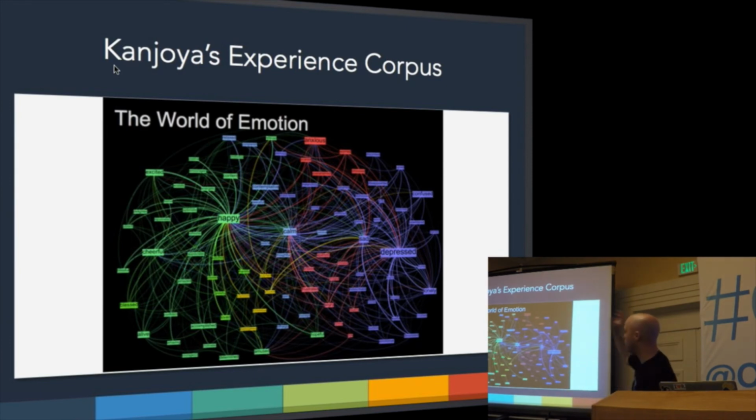On the left-hand side, happy. Kanjoya's large corpus is devoted to happy, with cheerful and all these other ones. What they realized is that if they track these people longitudinally, they go to a state kind of in the middle, mostly calm, mostly neutral sentiments.